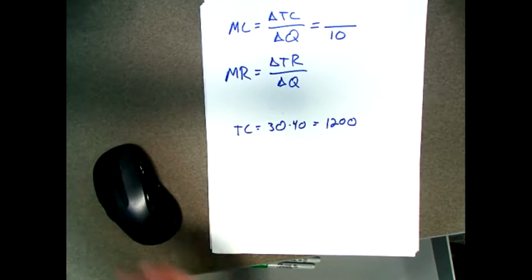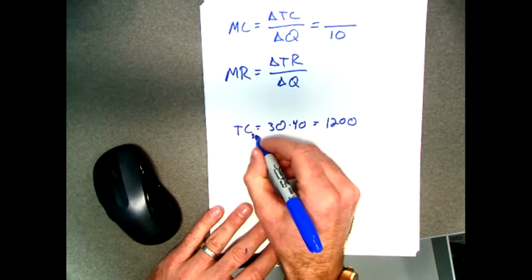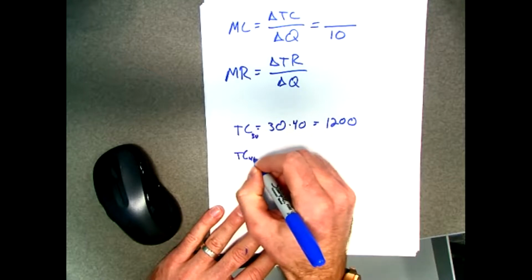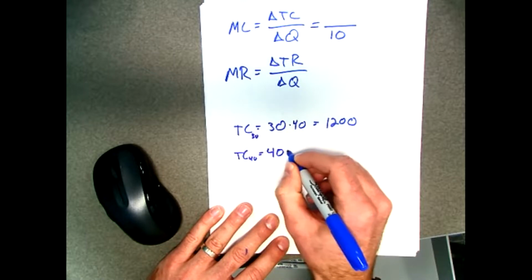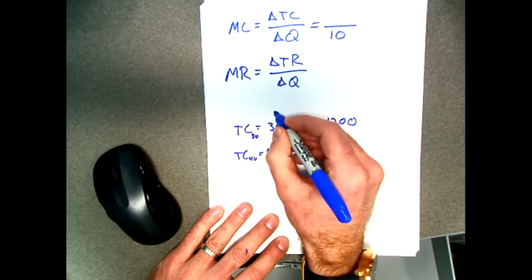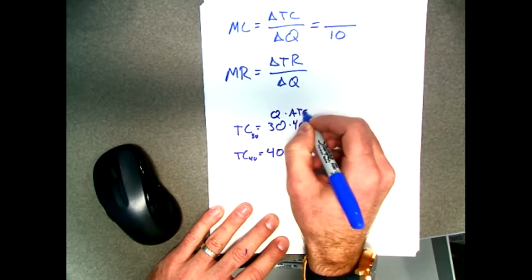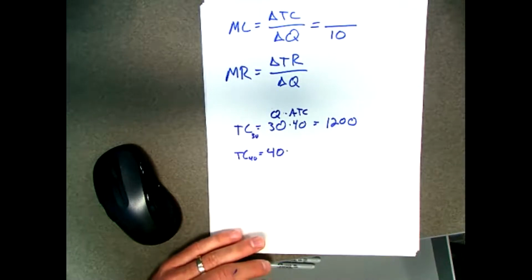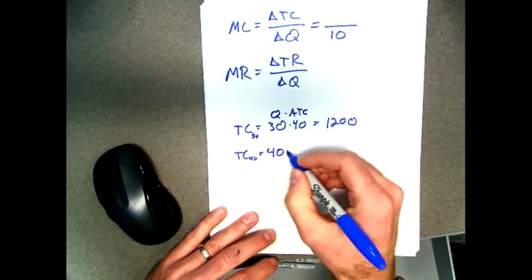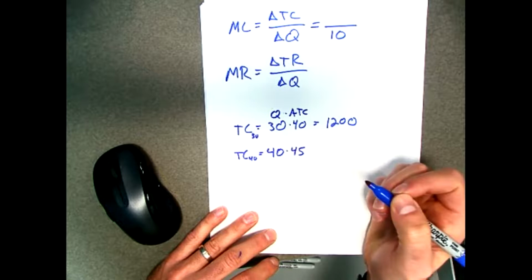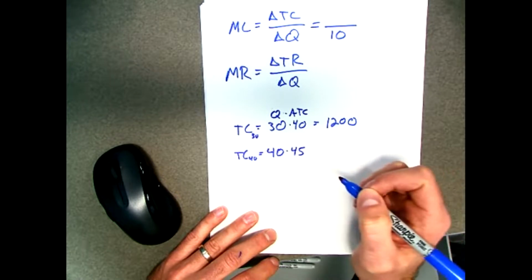And then the next one, I believe, so this was the total cost of 30 units. And I think at 40 units, my average total cost, so we're taking the quantity, multiplying it by how much it costs on average to produce each one of those units. I think the average total cost we were given for 40 units was 45, right?